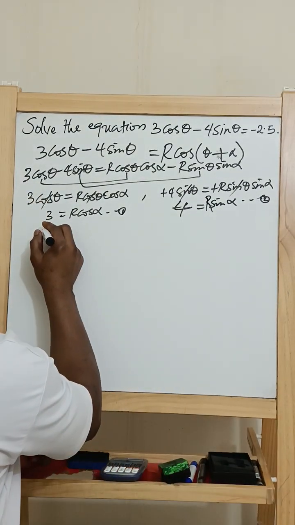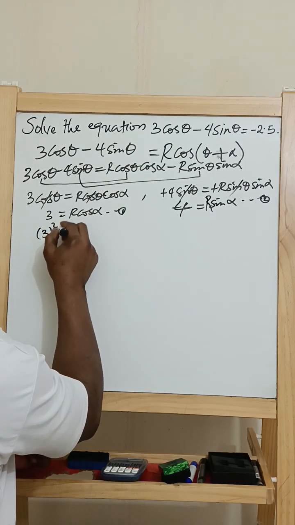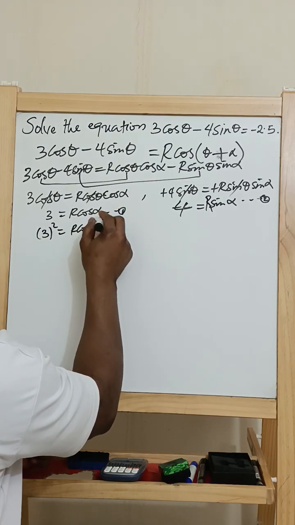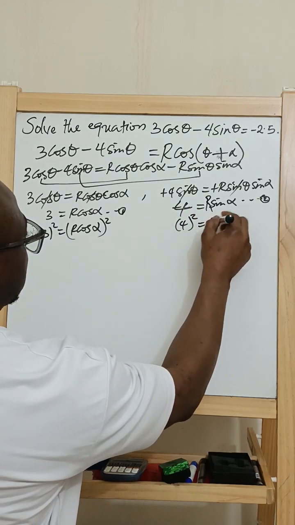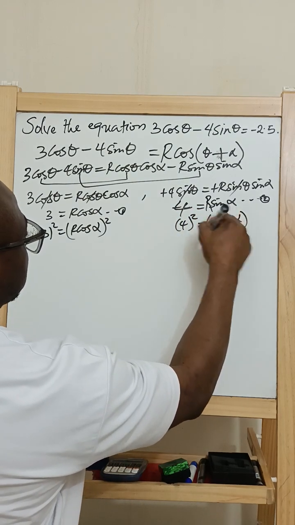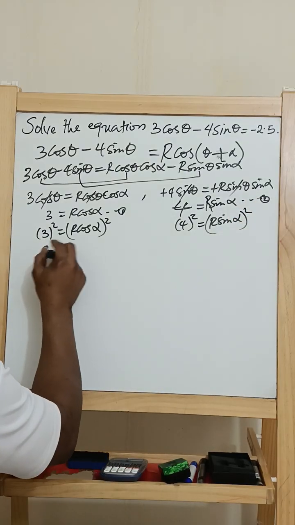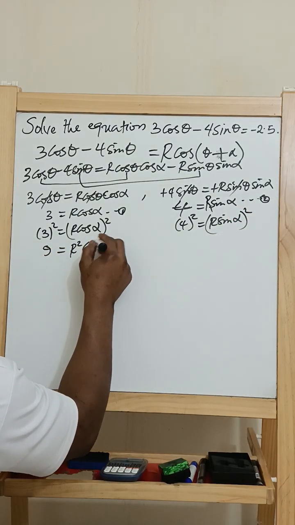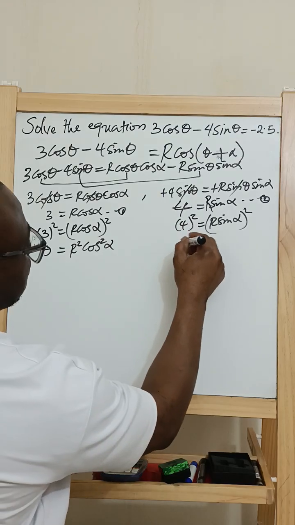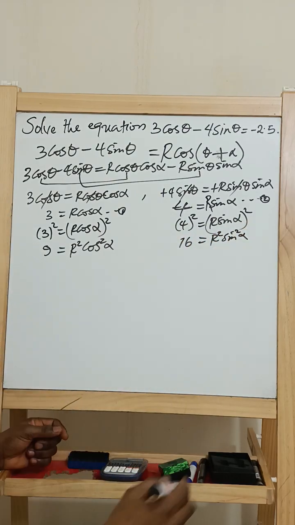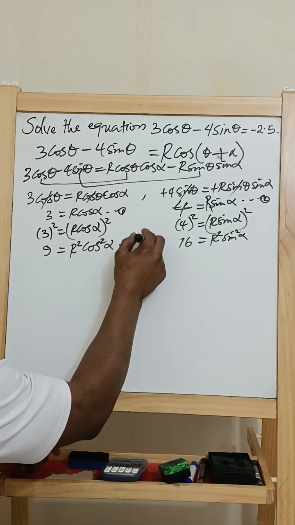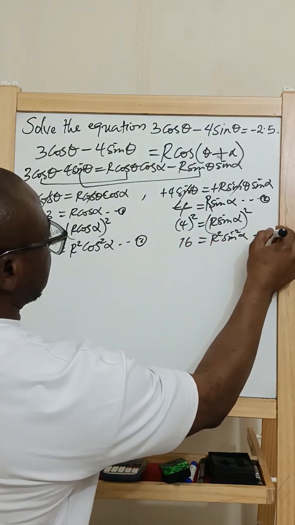So this is now going to be 3 squared equals r cos alpha squared, and 4 squared equals r sine alpha squared. So 9 equals r squared cos squared alpha, and 16 equals r squared sine squared alpha. Let's call these equation 3 and equation 4.